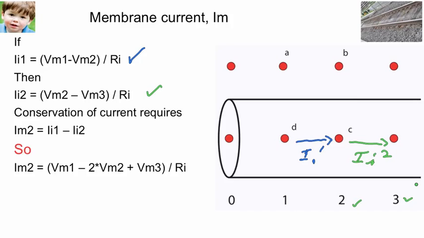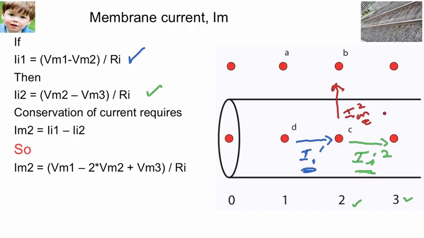So conservation of current, sometimes called Kirchhoff's law, requires that the membrane current at site 2, this current right here, Im2, has to be the current that's coming in, this current in blue, minus the current that's going out, this current in green, and the difference has to go across the membrane, and here it is as membrane current at site number 2.